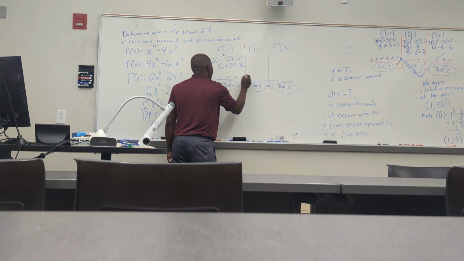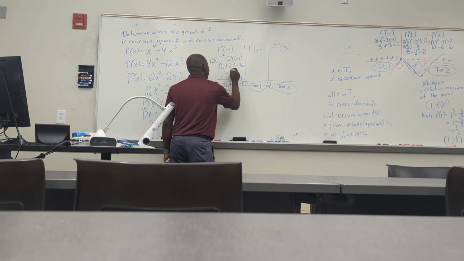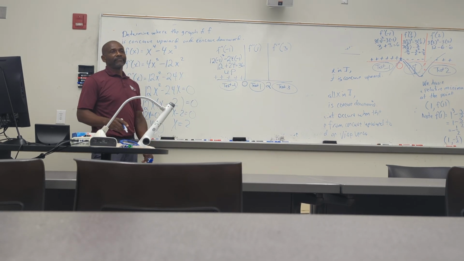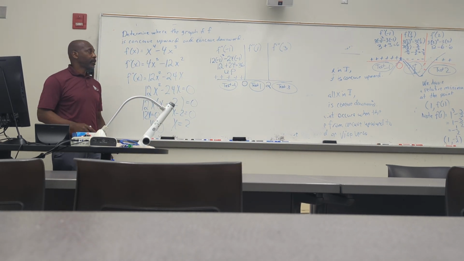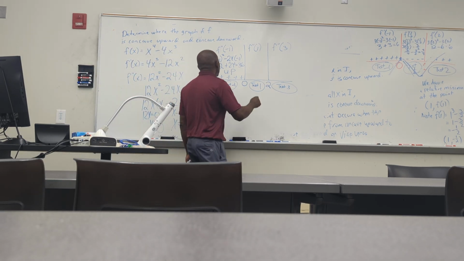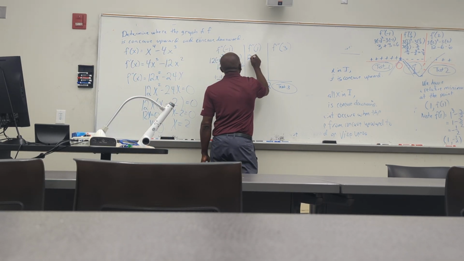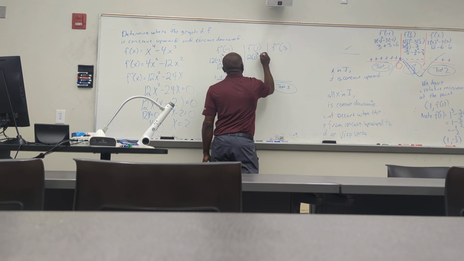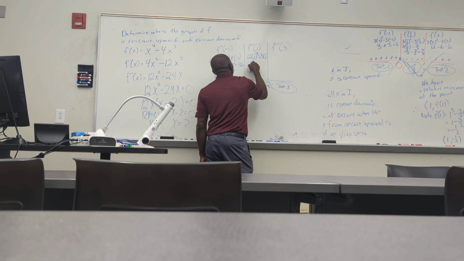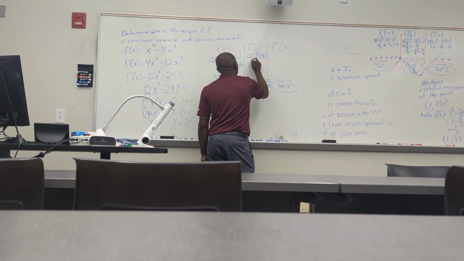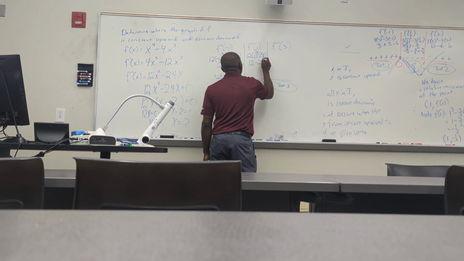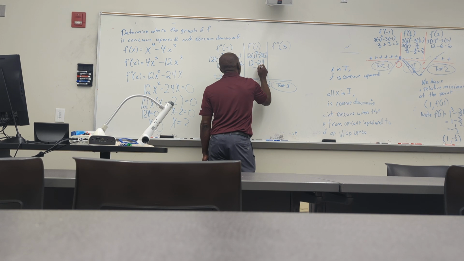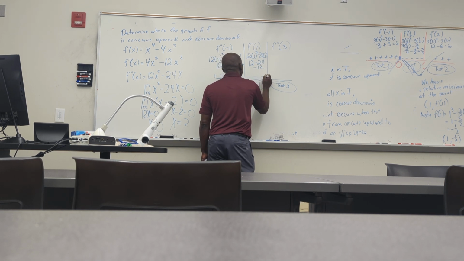So what we know, class, this is concave upward. And then we got 1, so that's 12 times 1 squared minus 24 times 1. And 12 times 1 squared is 12, minus 24, which is -12. So that's negative, so this is concave downward.